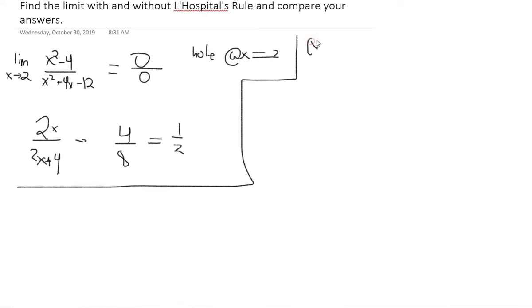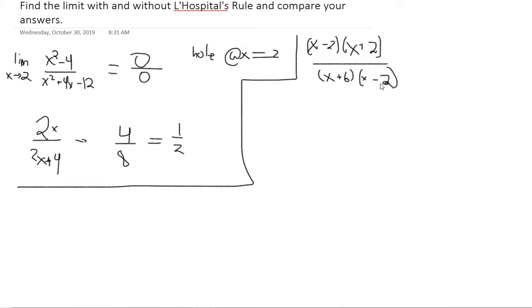We're going to factor this out: x minus 2 and x plus 2. And then now we need to factor the bottom, and that's going to factor out to x plus 6 and x minus 2.